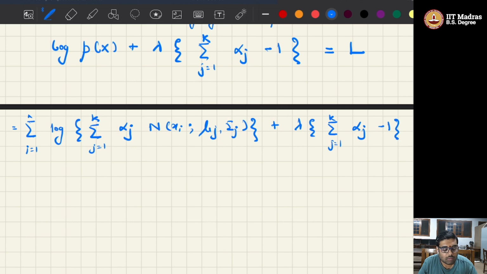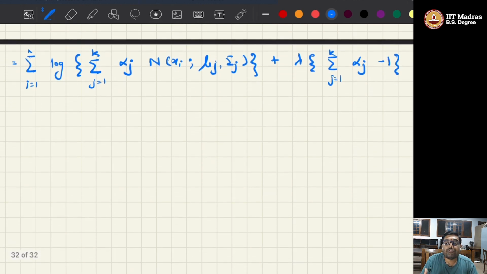Now, how do we do it? The idea is straightforward. You take the derivative and then equate it to 0. We need to do it for three sets of parameters: one for mu, one for sigma, and another for alpha. Let's start from a simple one, alpha. Let's give this equation a name.